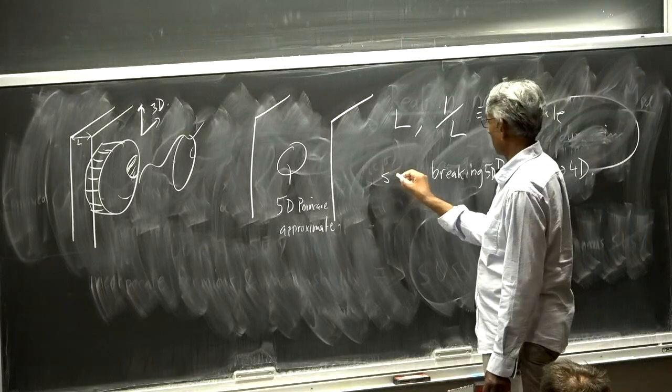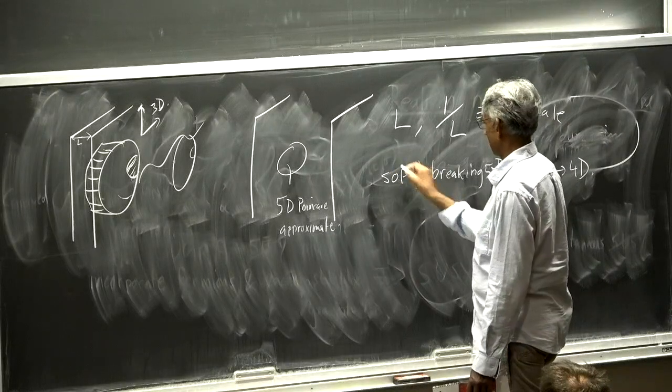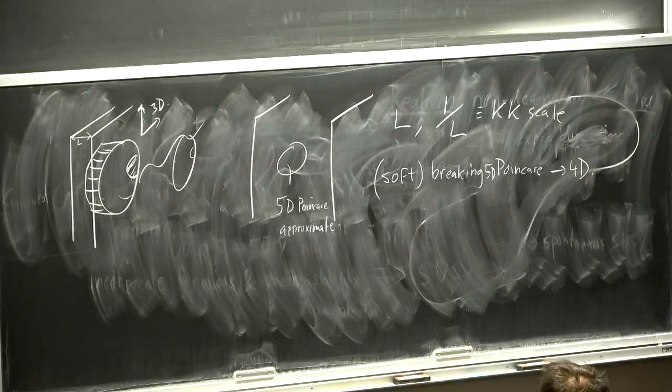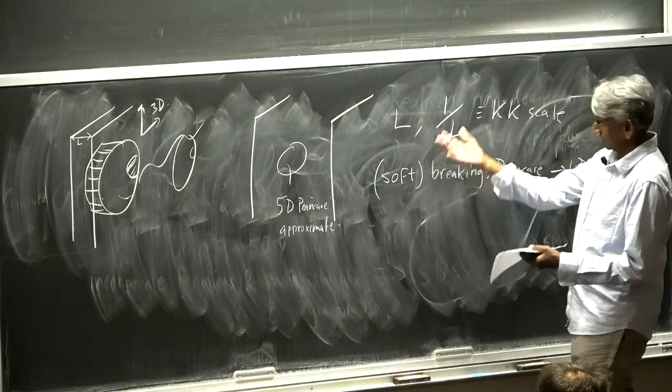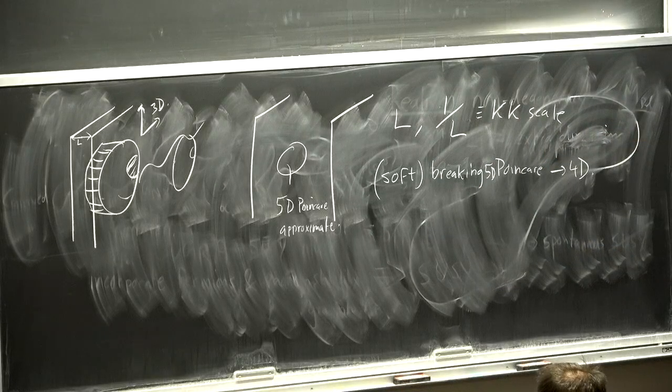That is called soft breaking. Not just in the context of extra dimensions, it is always called soft breaking. Breaking of a symmetry by a dimensionful parameter where in the UV of that scale, the symmetry looks approximate, in the IR of which it looks badly broken, is called soft breaking, okay? And so this is an example of soft breaking, and I'm saying it because it's going to come up with Susie.